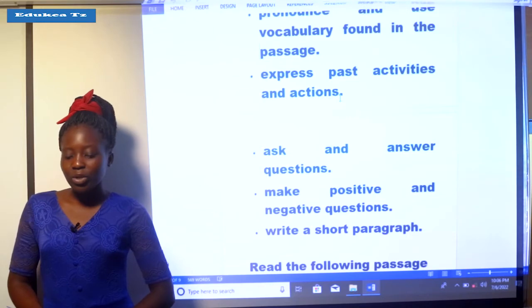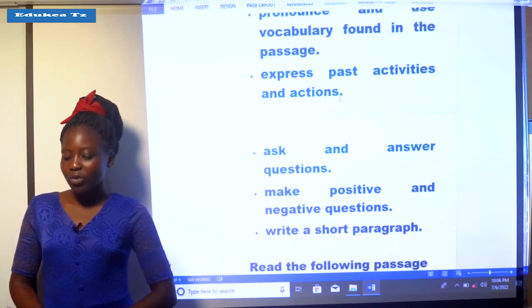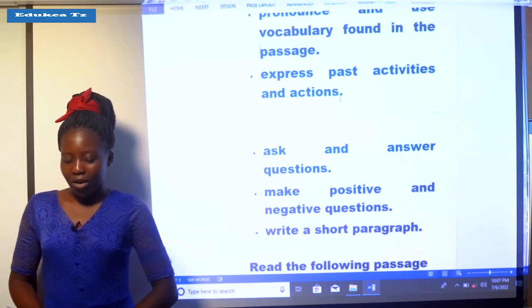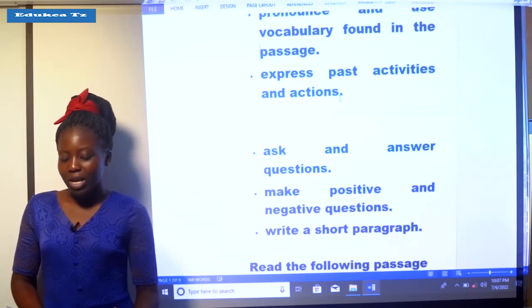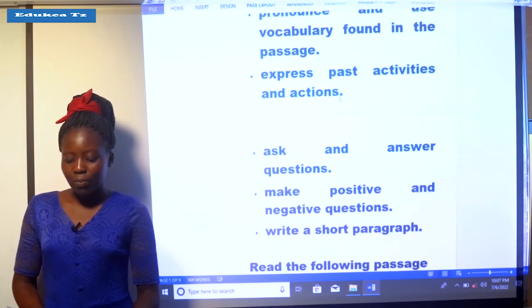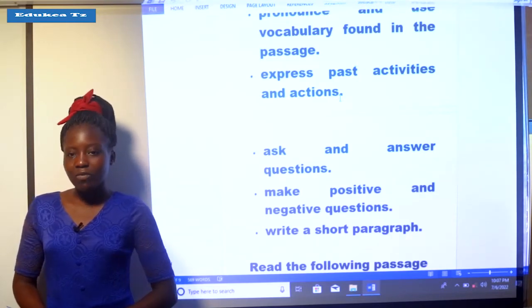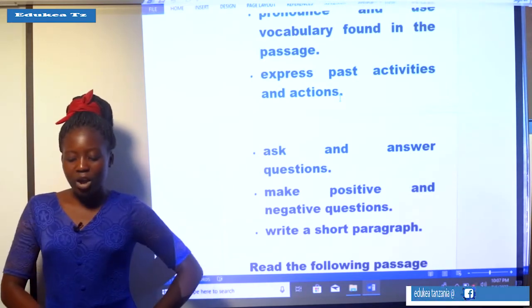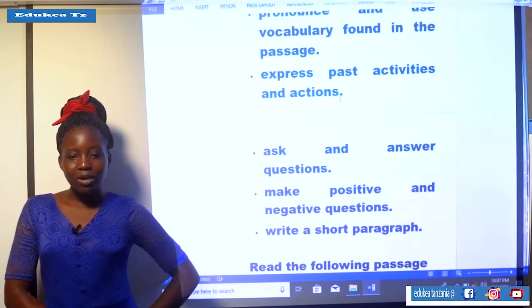Another thing which we are going to look at in this unit is how to express past activities and actions. Also, we are going to see how to ask and answer questions, make positive and negative questions, and the last thing which we are going to see in this unit is how to write a short paragraph.